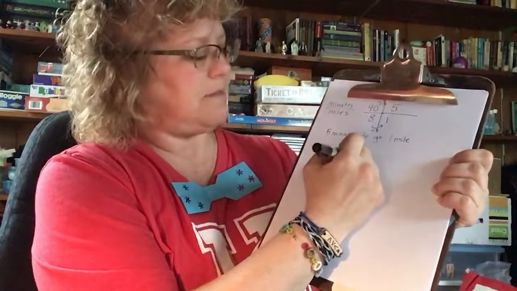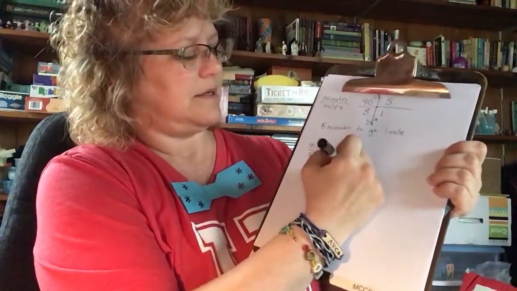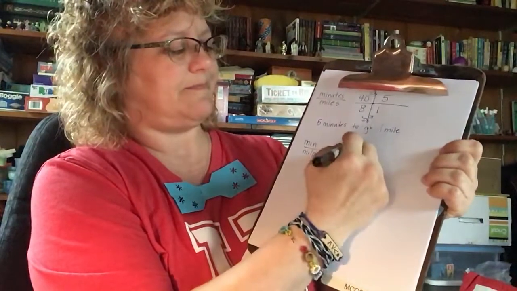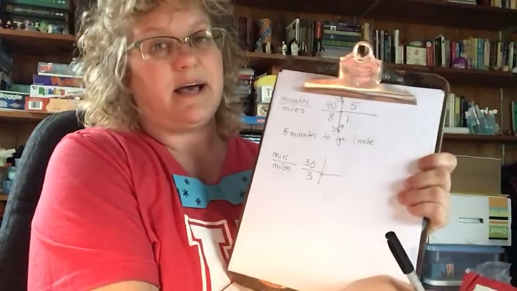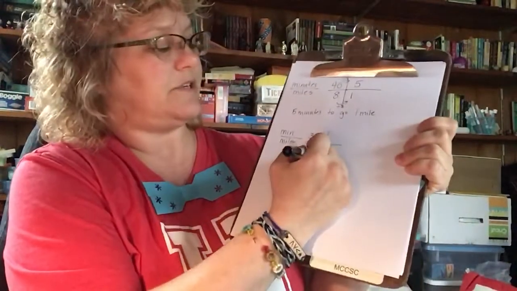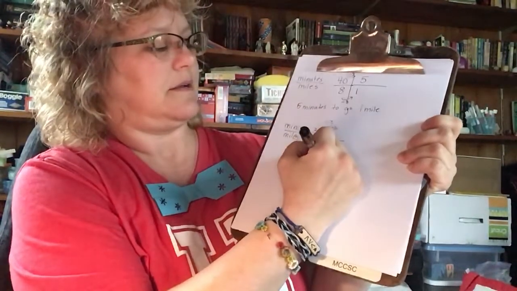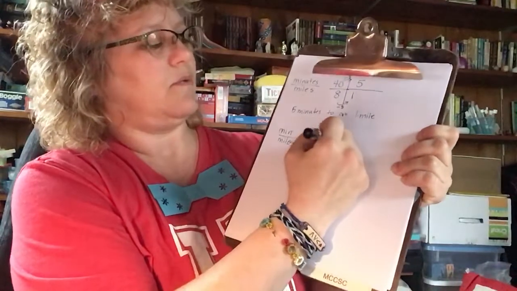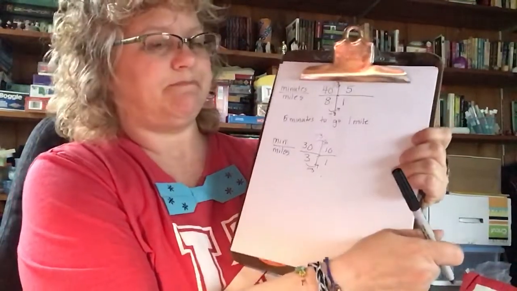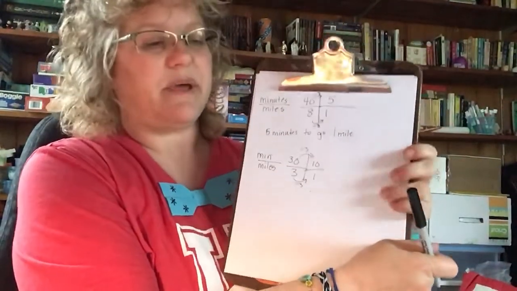So 30 minutes to go 3 miles. Again, I know you can figure this out. We just divide each side by 3. 1 and 10.